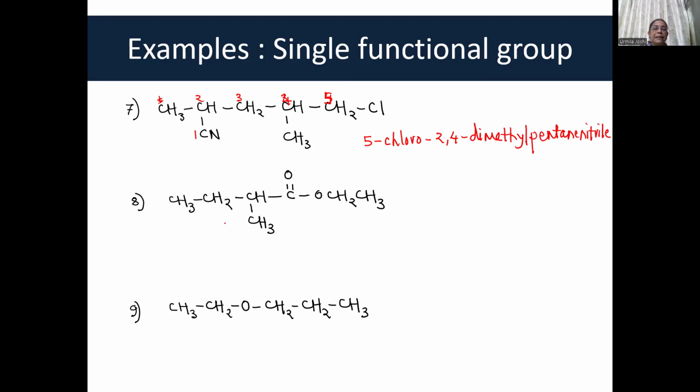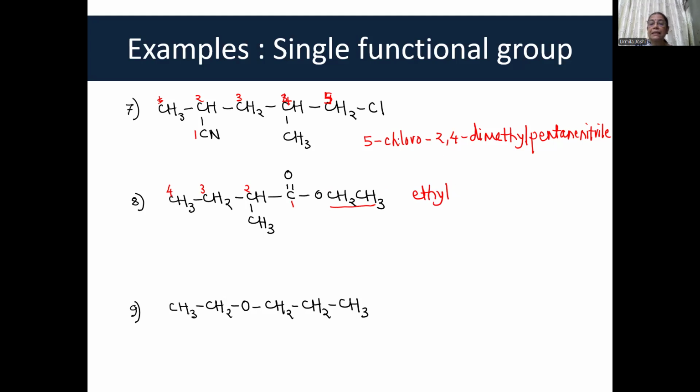Now coming to this, this is an ester. So this group you put separately. Okay, this becomes 1, 2, 3, and 4. So this is butanoate. So how you will write ethyl? This is ethyl, right? After oxygen, the group which comes is ethyl.